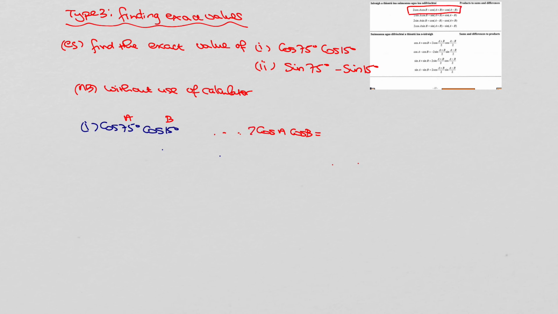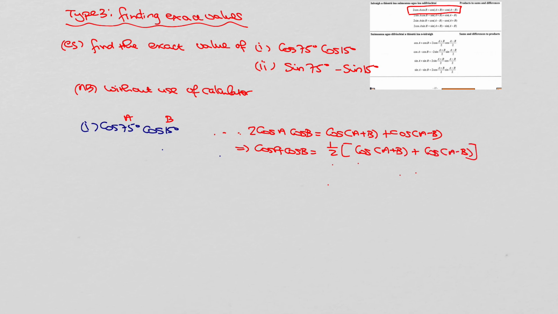But of course, it's 2 cos A, cos B, which is cos of A plus B plus cos of A minus B. So if we want cos A, cos B, I must divide both sides across by a half, to get what I'm looking for.